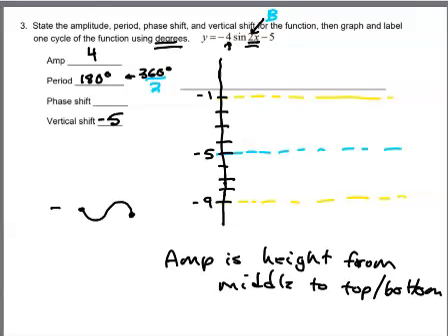If I wanted to set 2x equal to 0 and solve it, I would still get 0, which just means there's no phase shift. So there's nothing inside parentheses, so no phase shift. And that means we're going to start at 0 and end at 0 plus 180. So I'm going to start at 0 and end at 180.